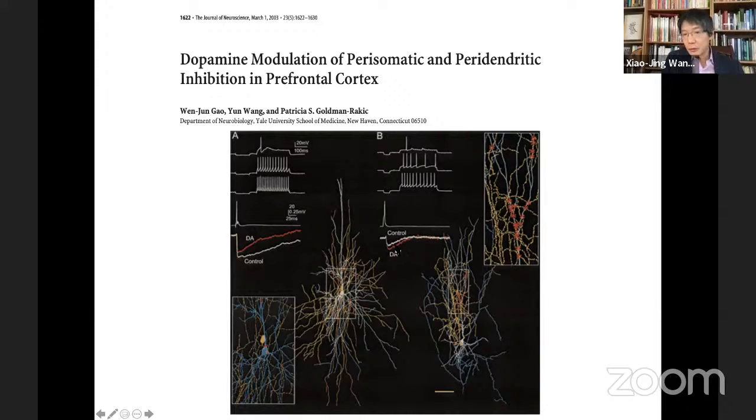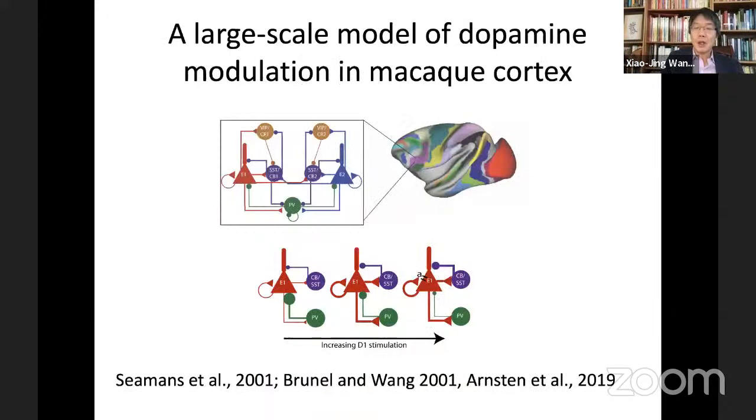The recording was done from the soma, so you see a small change from white to red, but you see an enhancement of dendritic inhibition, and at the same time a reduction of somatic inhibition by dopamine. That's very interesting, given what I told you earlier, that dopamine acts on multiple targets, but one way is to selectively enhance dendritic inhibition versus somatic inhibition.